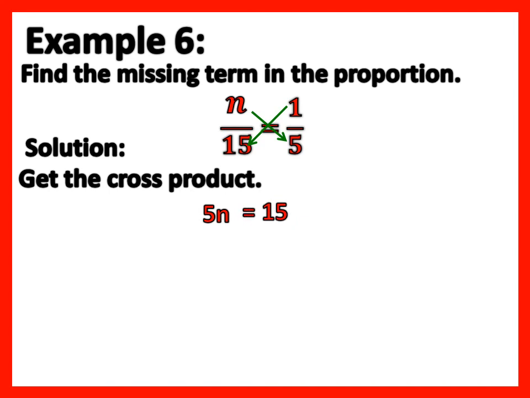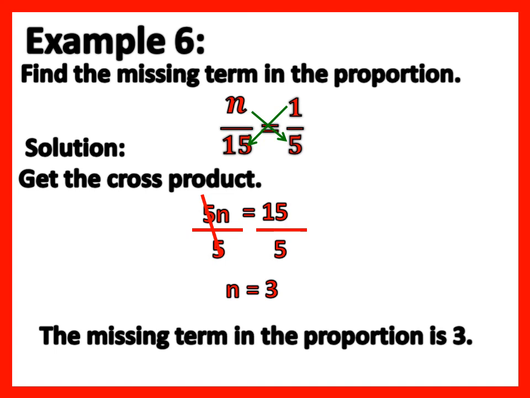Again, we are trying to find the value of n because that is the missing term. So divide both sides by 5 since that is the numerical coefficient of n. 5 divided by 5 is 1, or simply cancel 5. Then the remaining term will be n equals 15 divided by 5, which is 3. Therefore, the missing term in the proportion is 3.